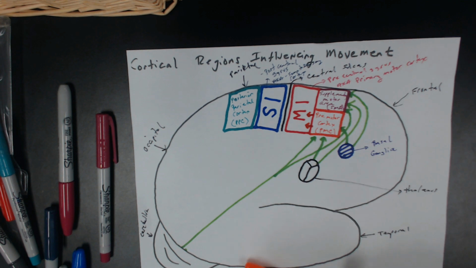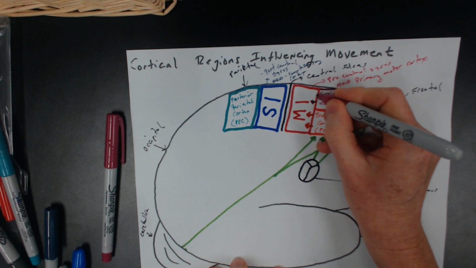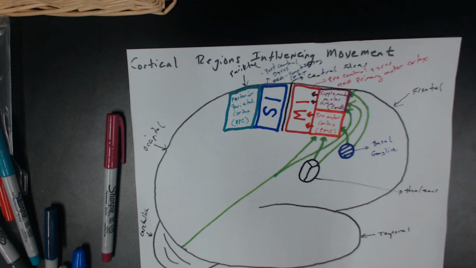Okay, and the supplementary motor area does the same thing. It feeds information into the primary motor cortex. A lot of important information is coming in as far as balance and everything, as far as the cerebellum is concerned, and the motor cortex's job is to say, okay, we're going to move, or we're not going to move.